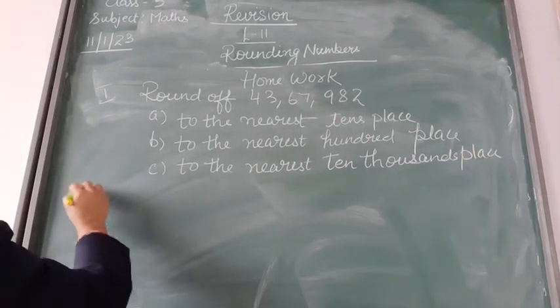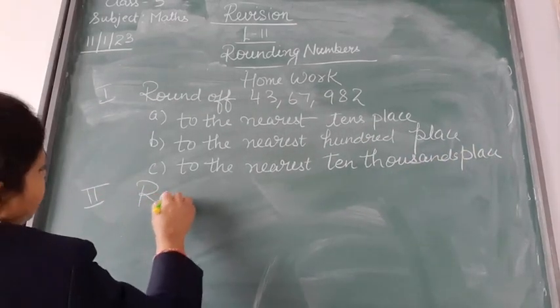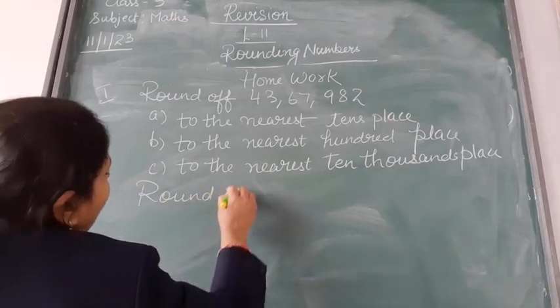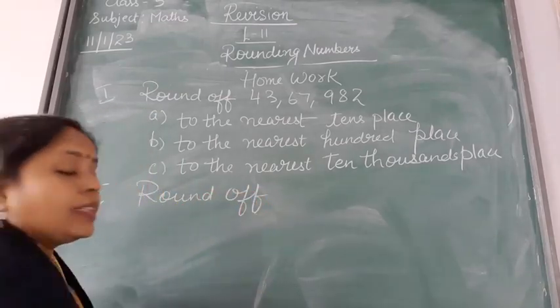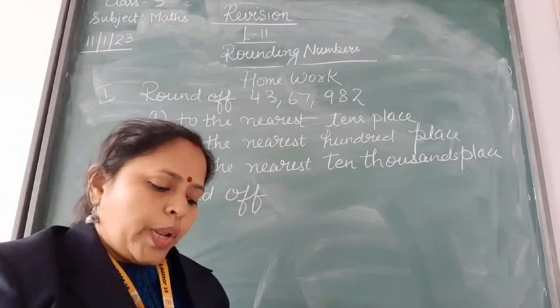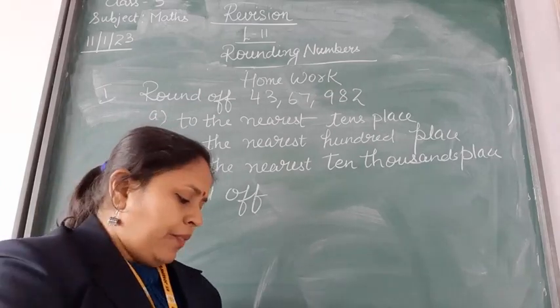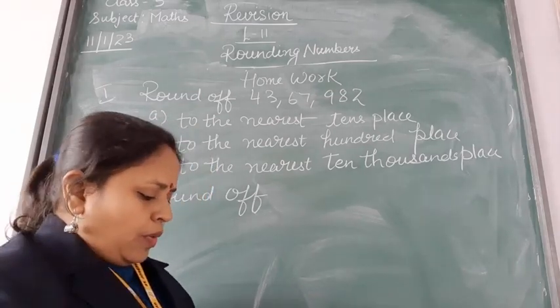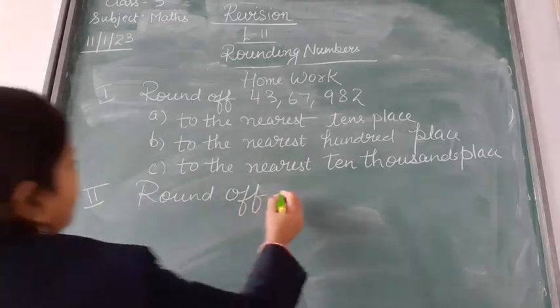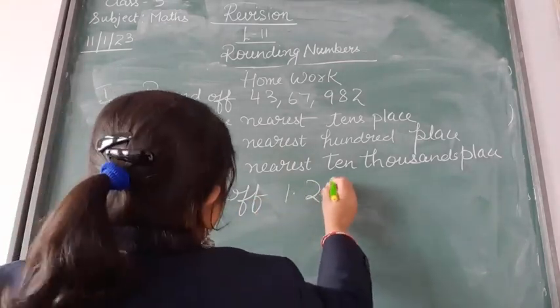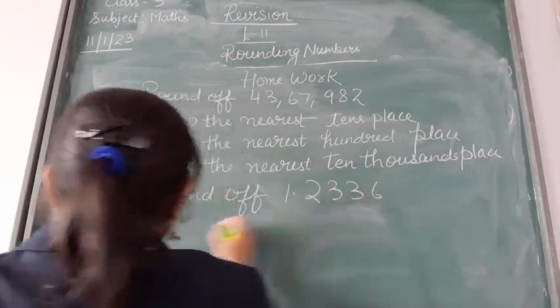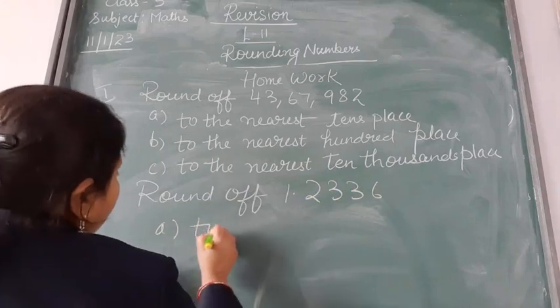Our second question is round off. Now this question is based on the rounding off of the decimal fraction. So you are going to round off 1.2336. A part to the nearest 1.